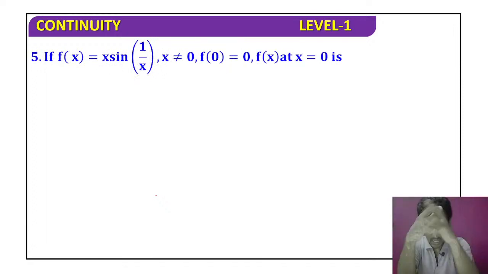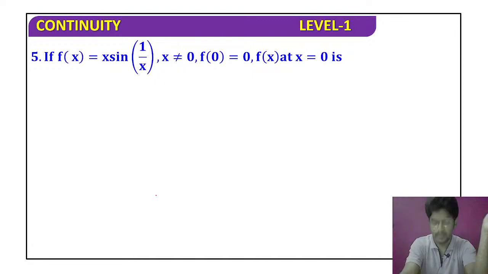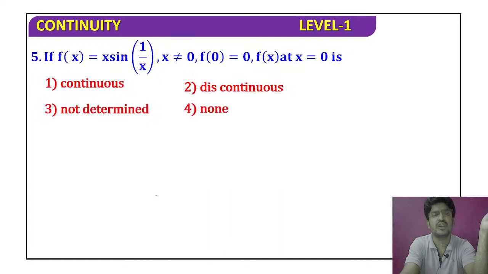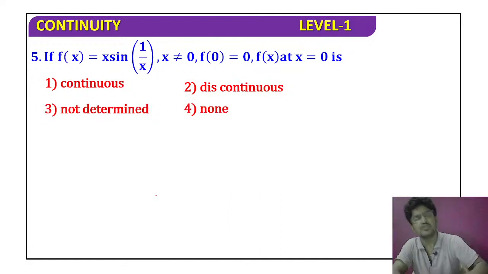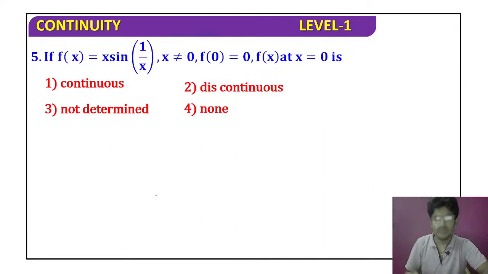So now I want the answer from your side for the fifth problem. Because already I have solved one problem of this type, so quickly try to solve it and tell me the answer. I think you can solve it because I have already solved one problem of this type.